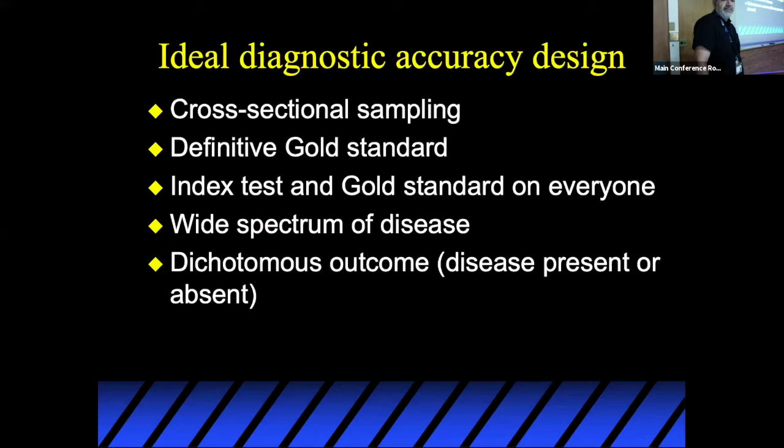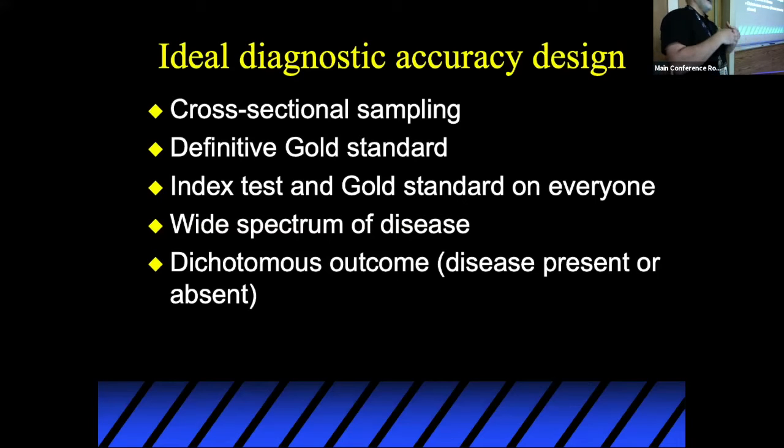And of course, you need to enroll a wide spectrum of patients. The paper has to assure you that people with mild disease, moderate disease, and severe disease were enrolled in the study. If the study design is such that only people with high risk of the disease, or only people with a mild form of the disease, are enrolled, you're missing that spectrum of patients, and the accuracy of the test might vary based on how sick the patient is, right?